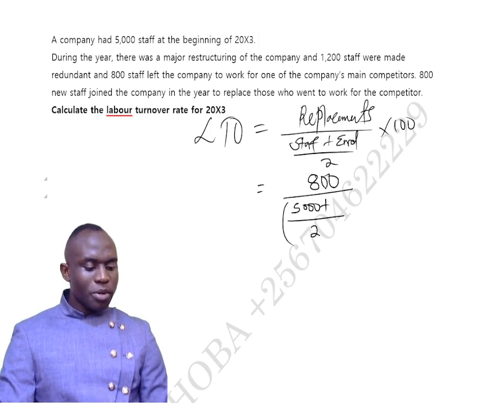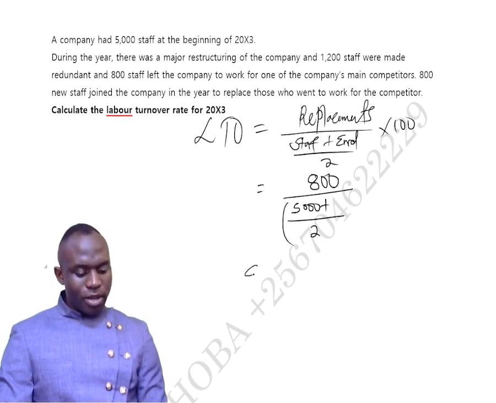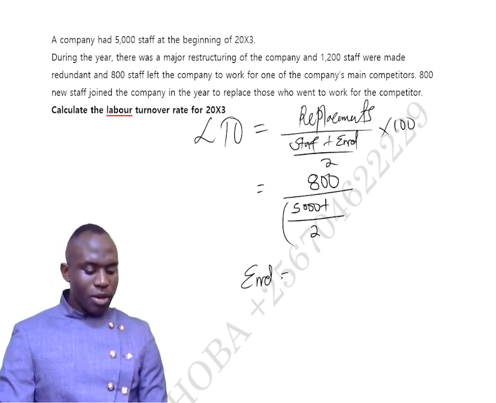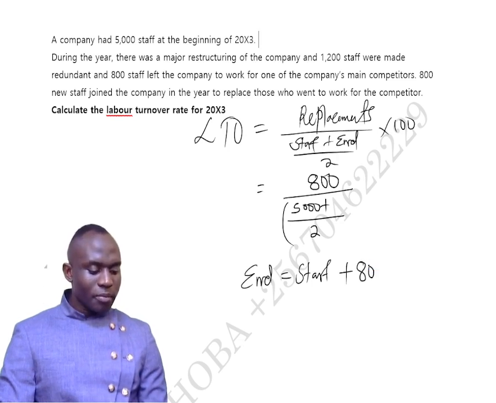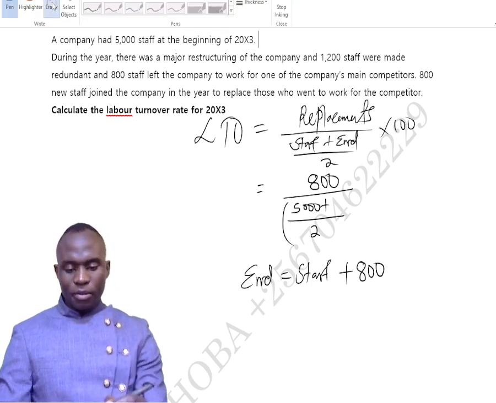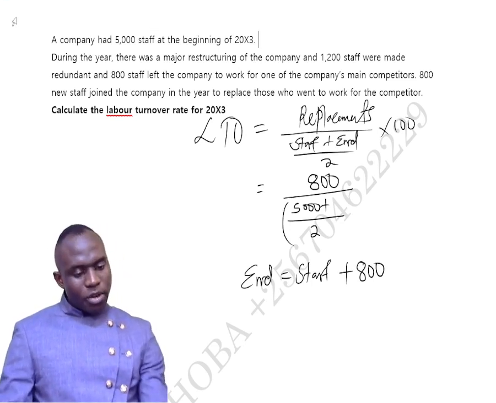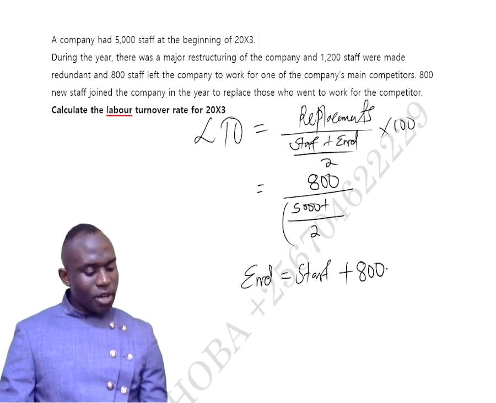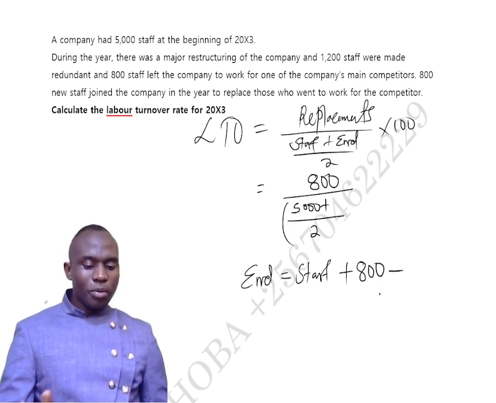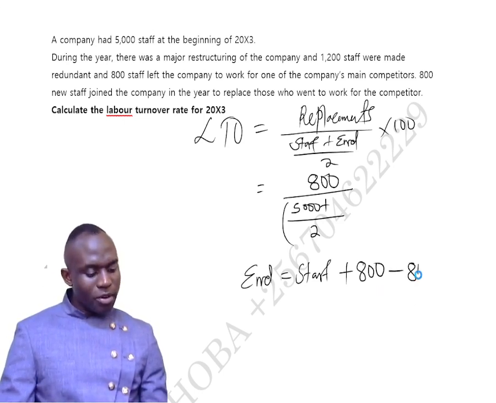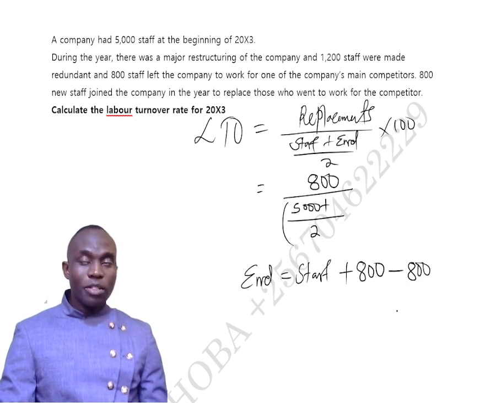So you see in the question, clearly we don't have people at the end. And we said, how do we calculate people at the end? It is employees at the start plus what increases. What increases is when people join the company, so it is 800. So 800 would be added because they joined. Now what reduces? When people leave the company. So 800 people left the company and 1,200 people were made redundant.